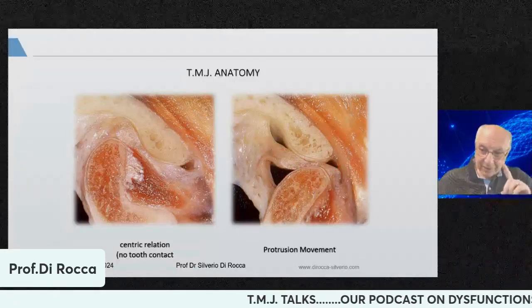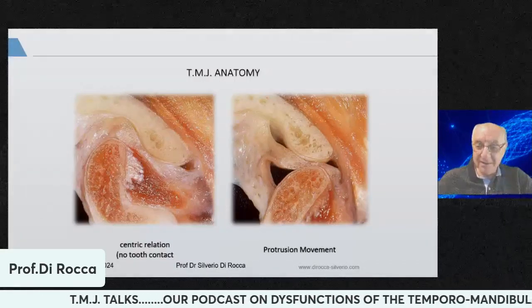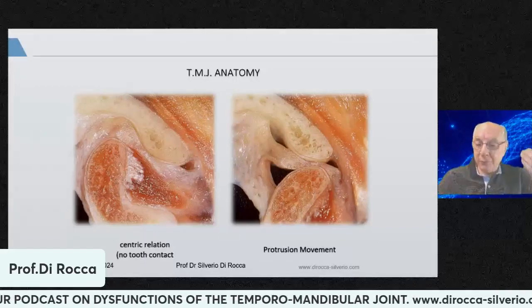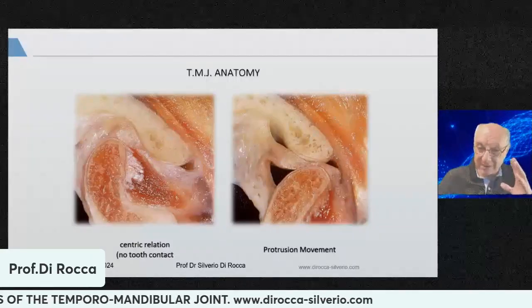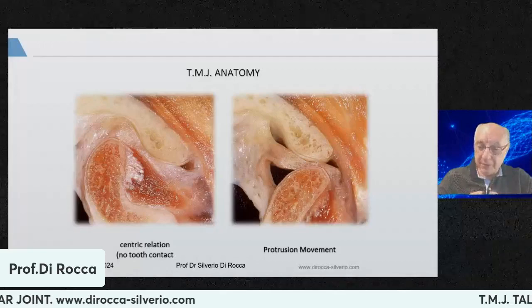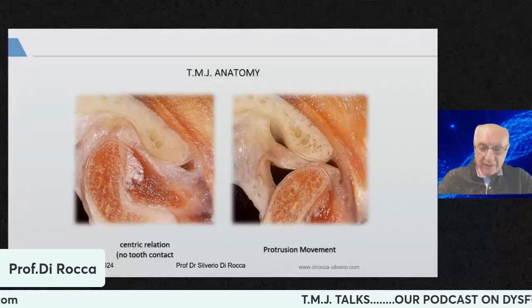And that is not a click. This is a jump of the condyle because the posterior ligament has a laxitude. It's lax, very flexible, cannot stop the movement. Imagine, all this concept is very important for diagnosis.